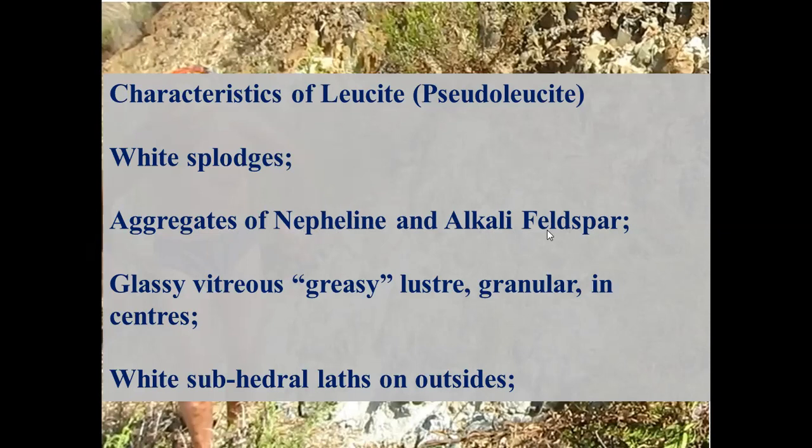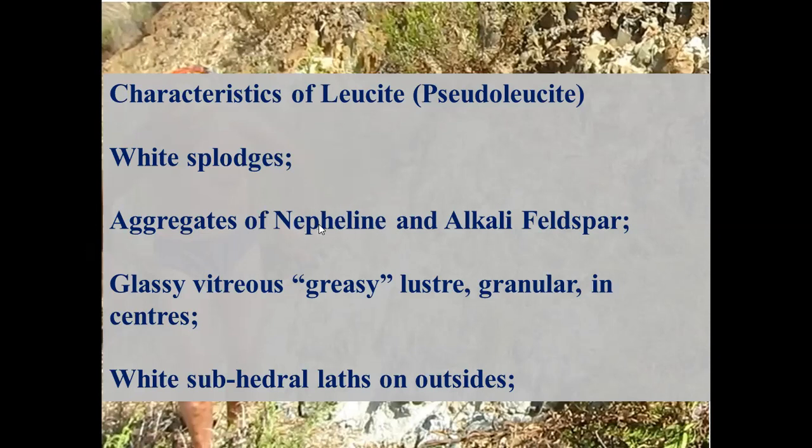So the white opaque material around the outside, as it says here, little subhedral, possibly some lath shapes when it's quite well developed, those are the alkali feldspar breakdown products of your leucite. And the other alteration product of leucite is nepheline.